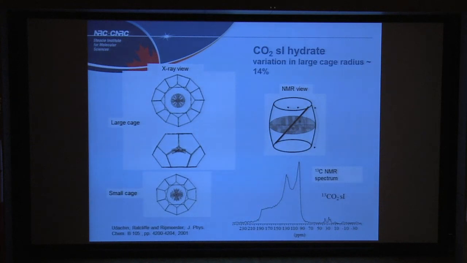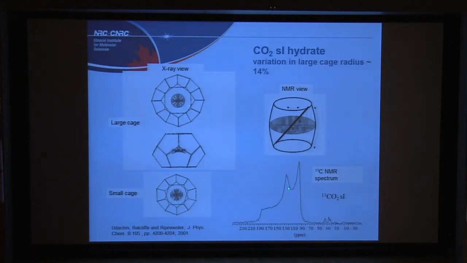Now from the NMR point of view, we of course do not locate atoms and molecules, but we can assume that our cage is flattened like this, and that our guest molecule is going to lie somewhere in between. Well, we can assume that it might stand up here, or it might be in this plane, or somewhere in between. And if we look at the spectrum here, we can see there are two components.